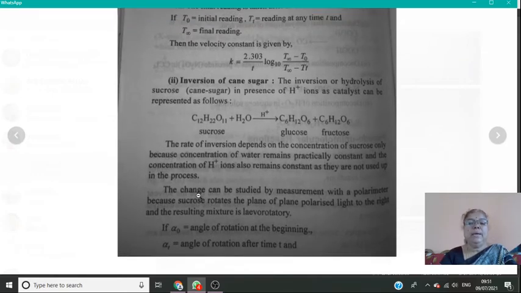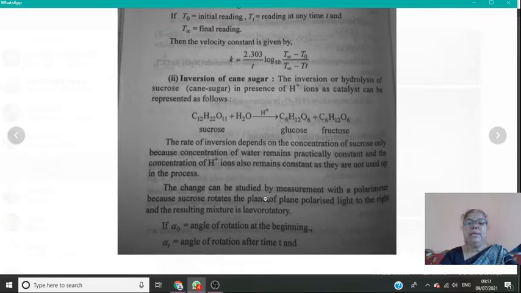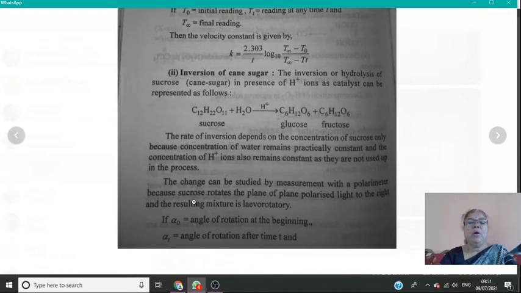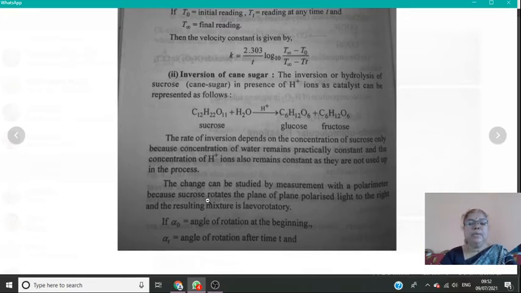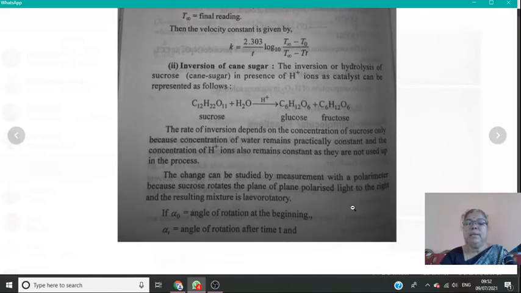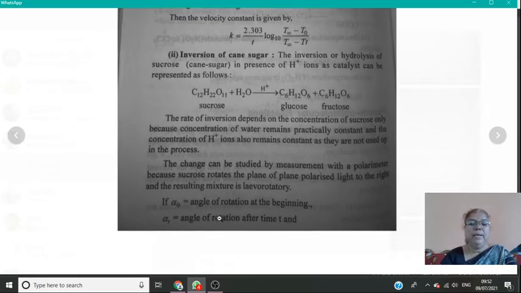Here the angle can be studied by measurement with the polarimeter, and all of you know the polarimeter measures the angle of polarization. Here sucrose rotates the plane polarized light to the right and the resulting mixture is levorotatory.